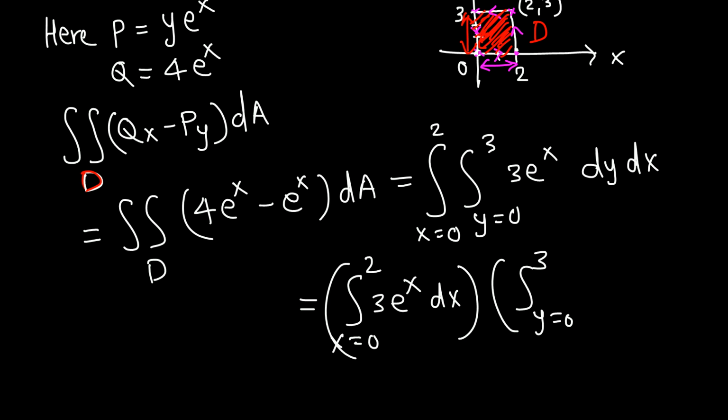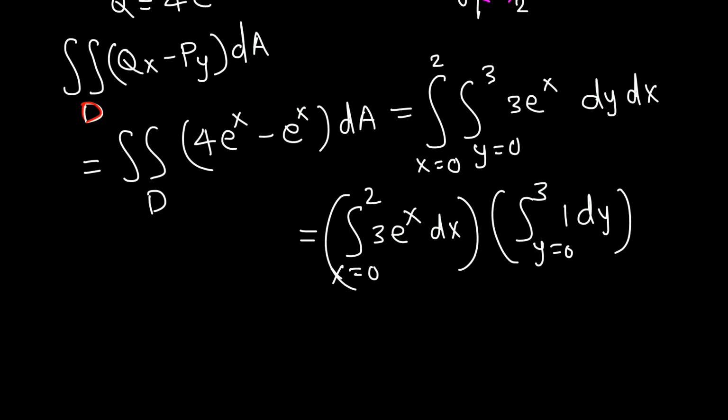There is no y function, we can just write 1 dy. We can do this as well. Then here, the antiderivative of 3e^x is just 3e^x, and it goes from 0 to 2, times the antiderivative of 1, which is y, and it goes from 0 through 3.